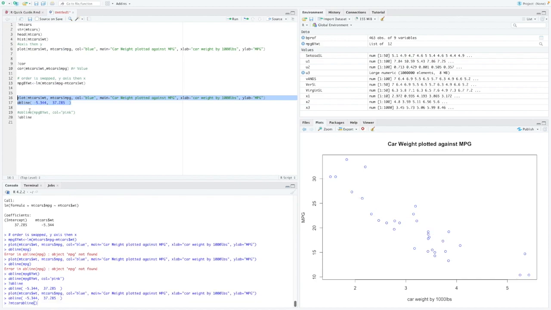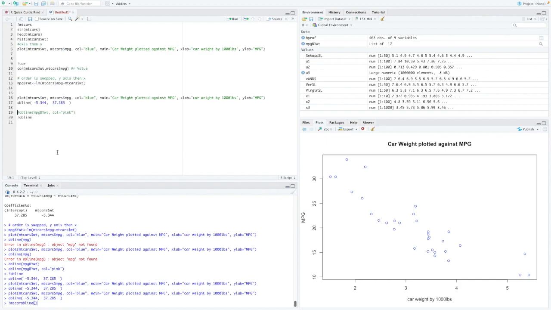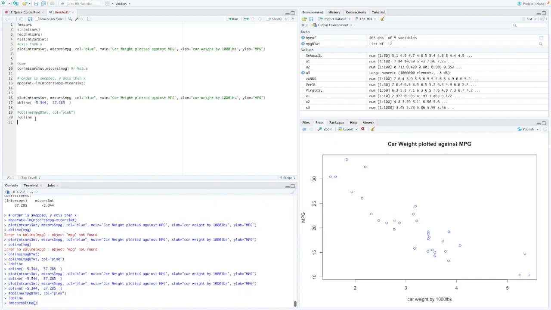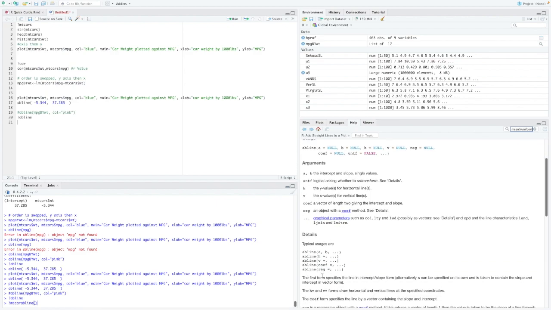Let's run this again. Why didn't that work? Yeah, I'm not sure why that didn't work, but it definitely should have.